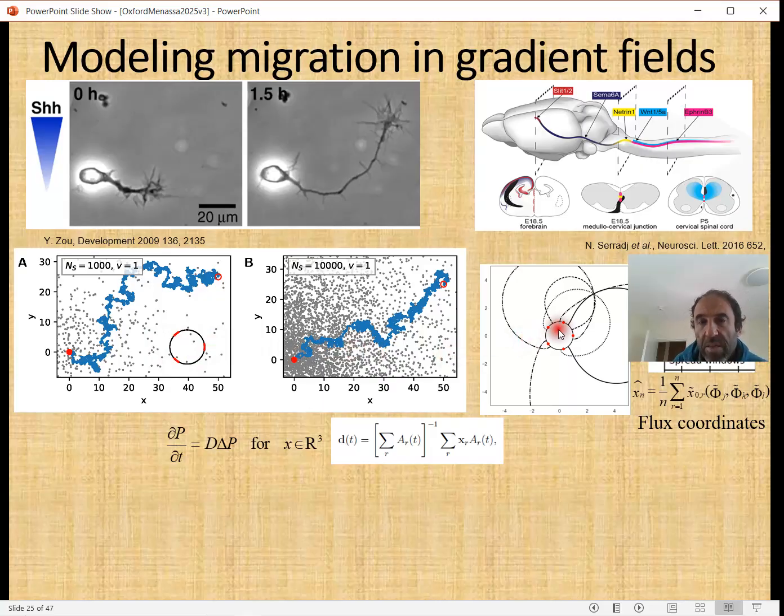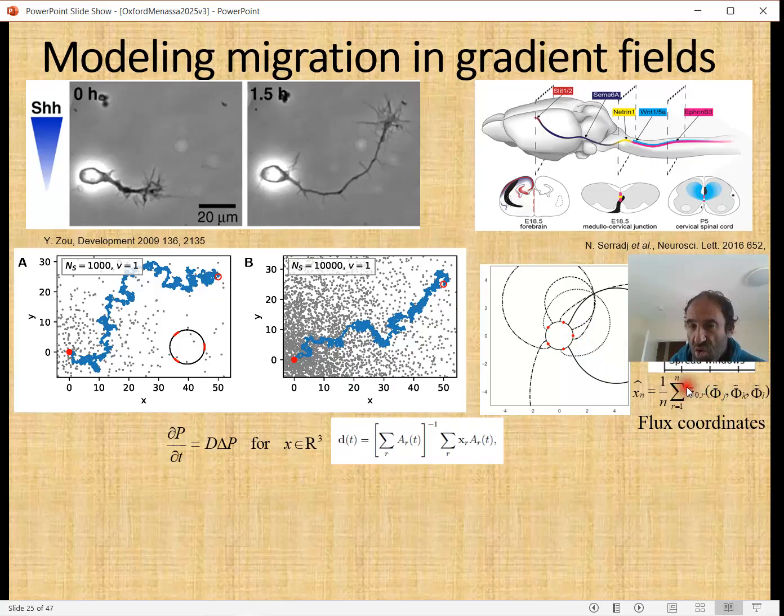What is interesting is, depending on the flux here, we've shown previously that the cell is able to triangulate where the position of the source is. And for this, we had to introduce a new notion, which is the notion of flux coordinate. That is, the number of particles per unit of time that define the flux is used here to convert the local concentration into a coordinate.